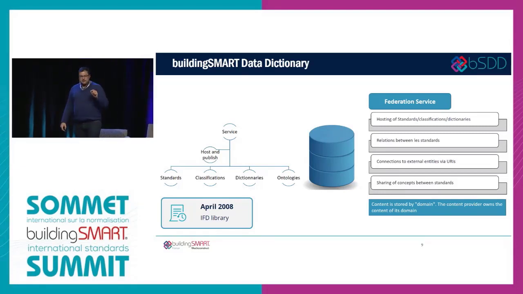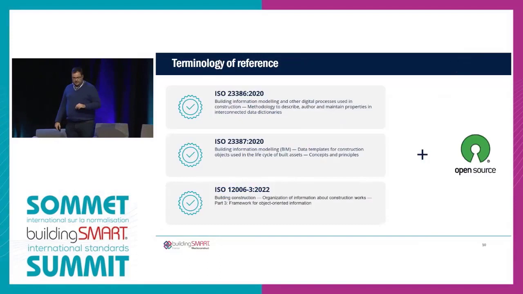But as a user, because I'm more of a user, a technical guy for this topic, we miss some tools to be able to manage the content of a data dictionary.